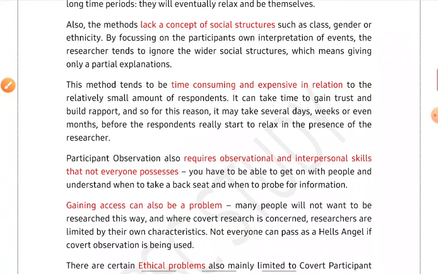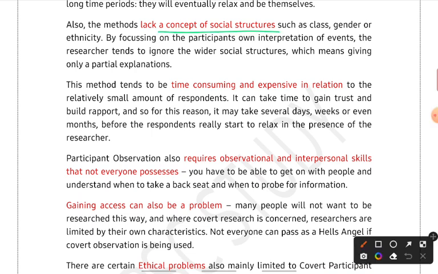Then it lacks a concept of social structure. Obviously it studies from the individual perspective. The individual is initially involved, and based on that a social structure is built, right? So individuality is more prominent. Then it is time consuming and expensive in relation to other methods.